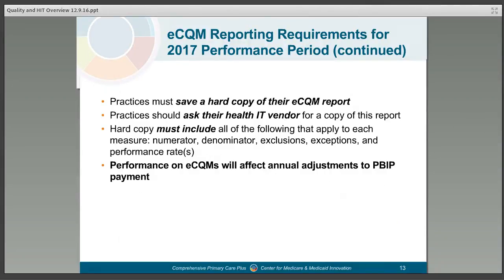When you do report the information to us, we ask that you save a hard copy, and you'll also be required to upload a copy of your report to the practice portal. Now, this report might not be one document. It might be a couple of documents in order to cover all of the requirements that we have for that report. But the important part is that you simply put it all together and upload it.